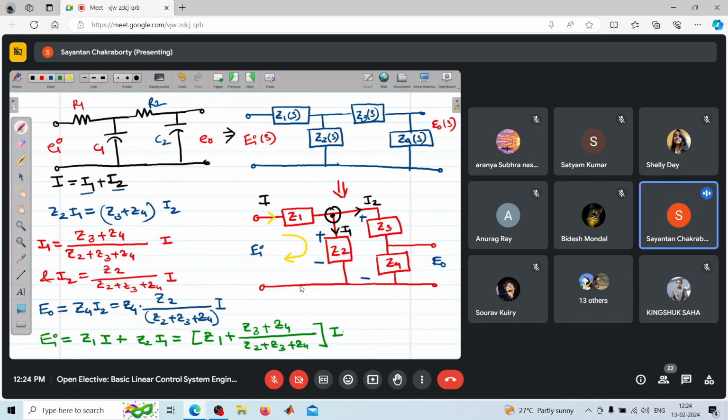right? Now from these last two equations, you take a ratio of E0 by EI.